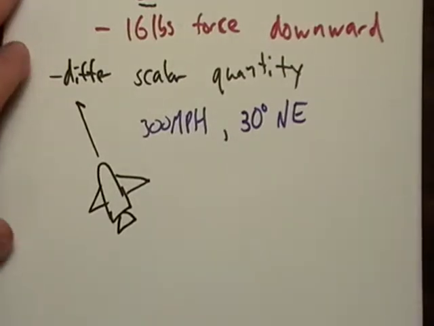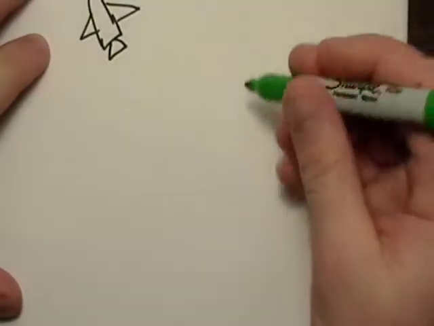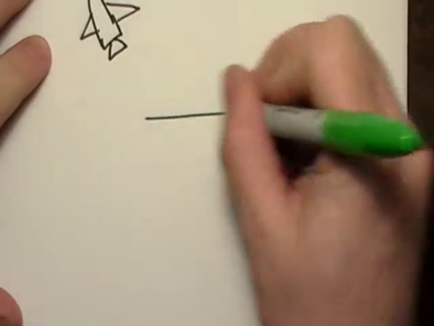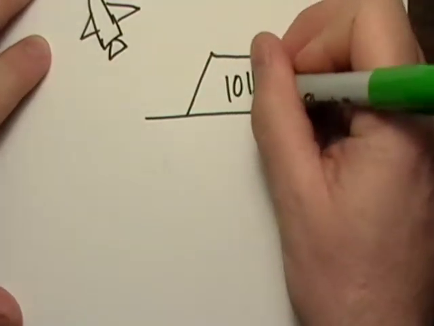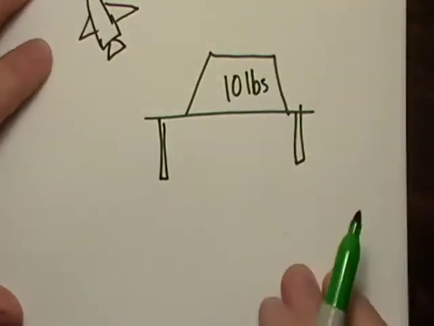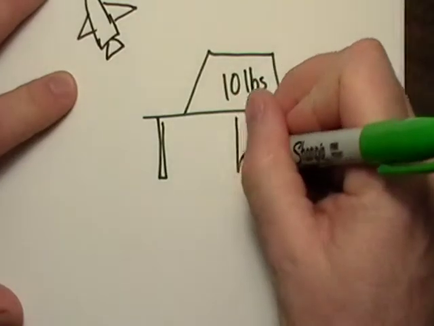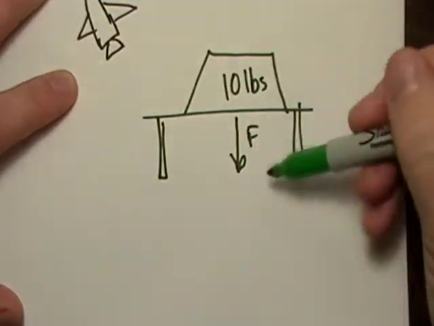Okay, the wind could be blowing. Or if I've got a weight on a table, here's my table, well, I've got 10 pounds of force going straight down.